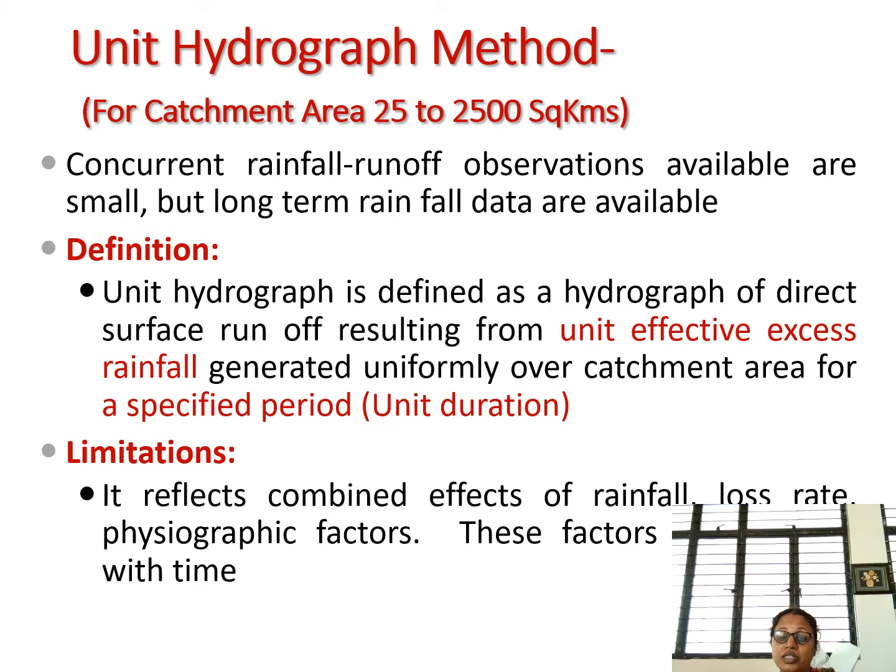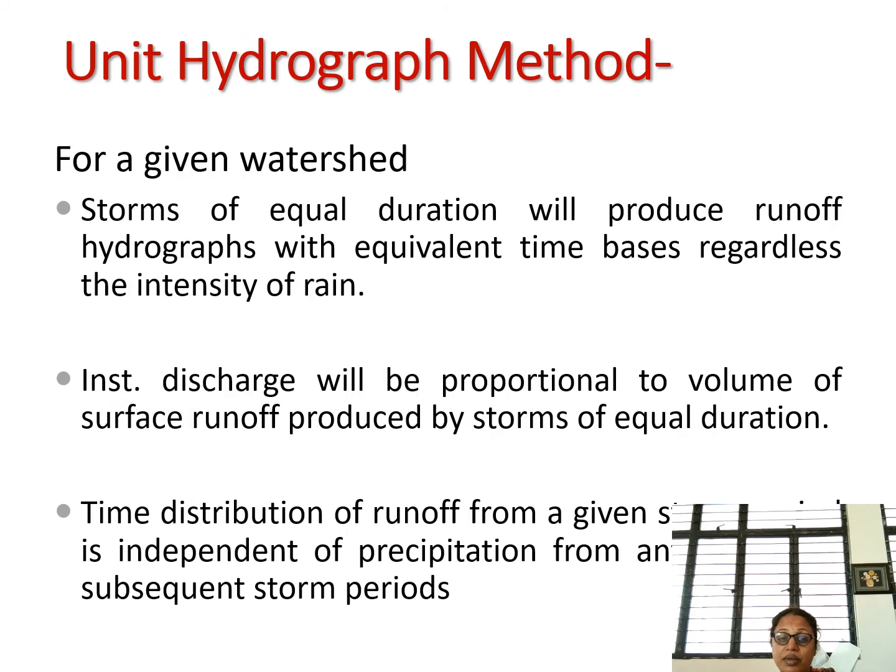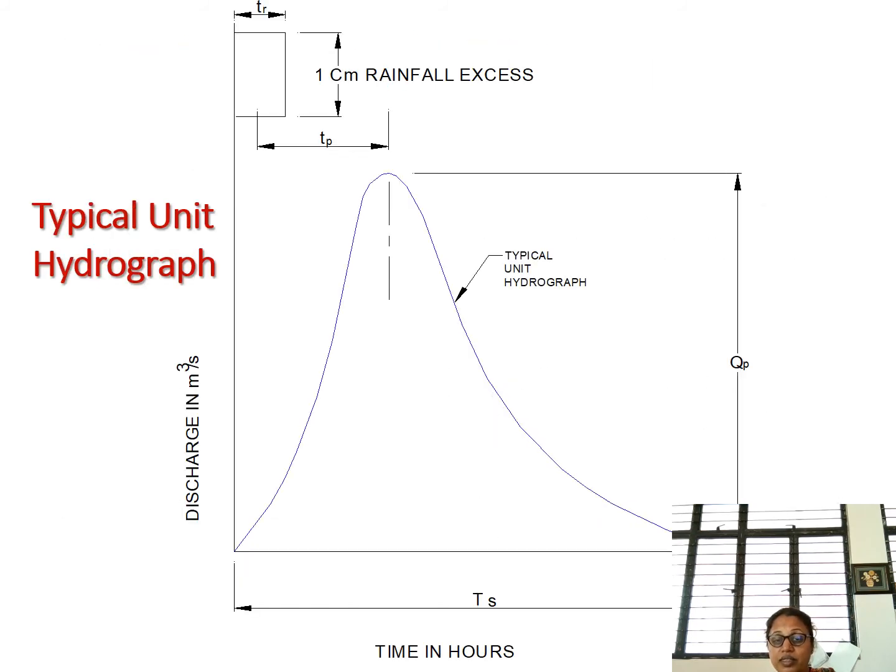But the limitations are that the combined effect of rainfall, loss rate and physiographic factors with time are some of the limitations. So for a given watershed, for the equivalent time, the proportion of volumes of surface runoff and the time distribution of surface runoff are some of the parameters that will be considered in the unit hydrograph.